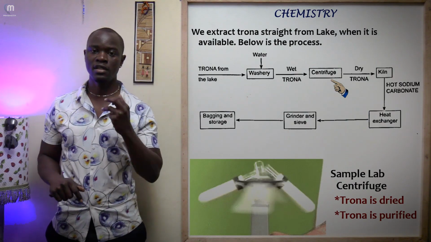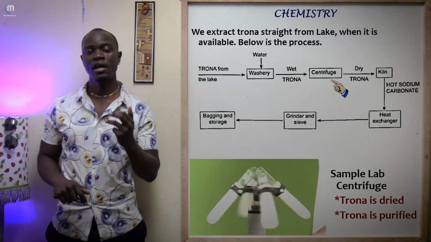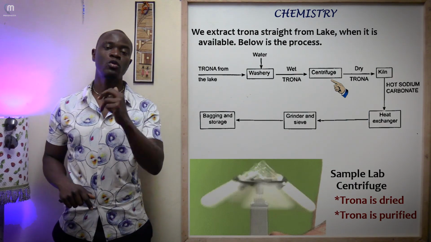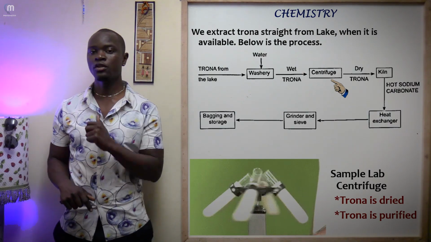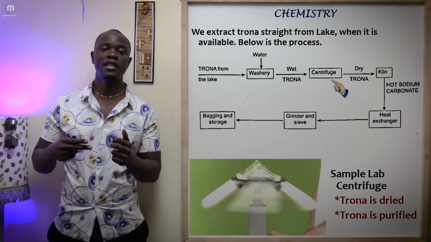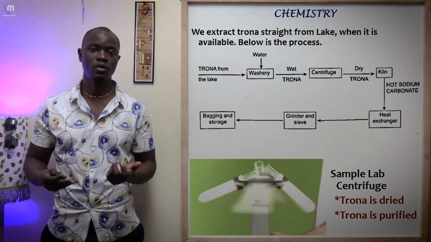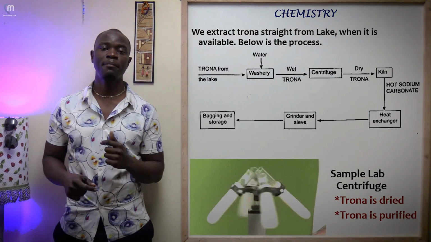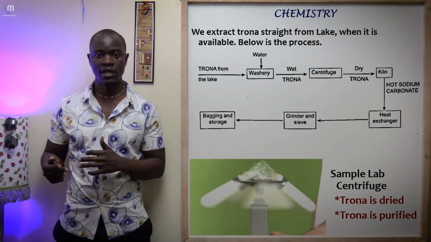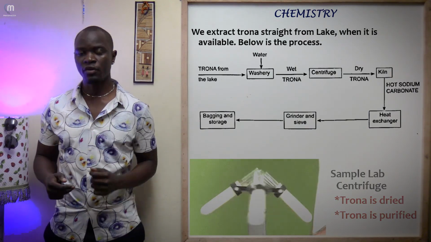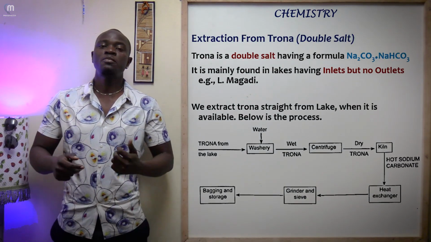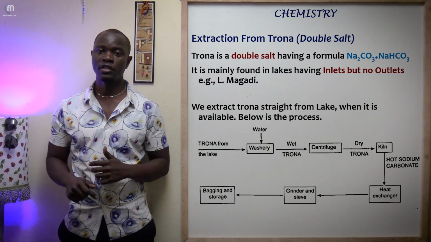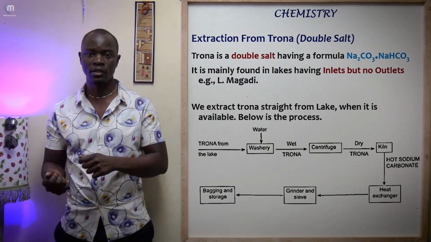The Trona is dried, so we obtain a very dry amount of Trona. Apart from drying Trona, the centrifuge also further purifies the Trona. So two things, remember, happen in the centrifuge: Trona is dried, and then Trona is purified. After this purification in the centrifuge, the Trona is taken to the kiln.